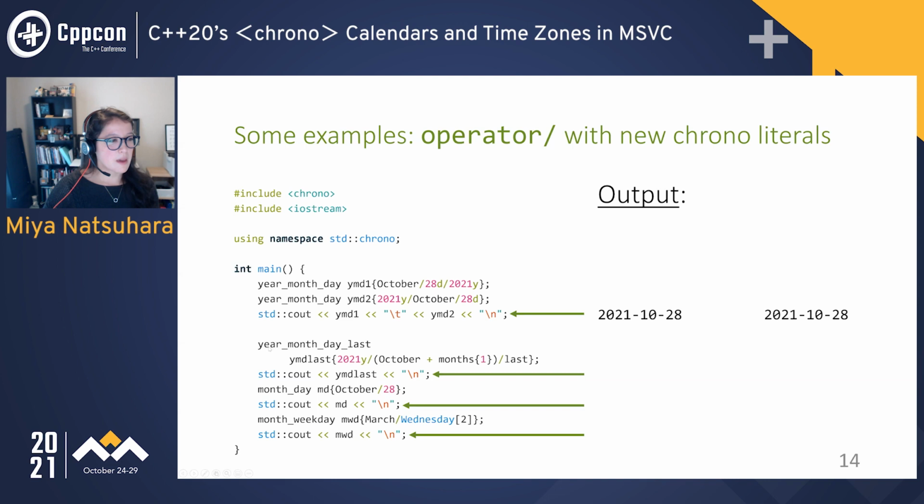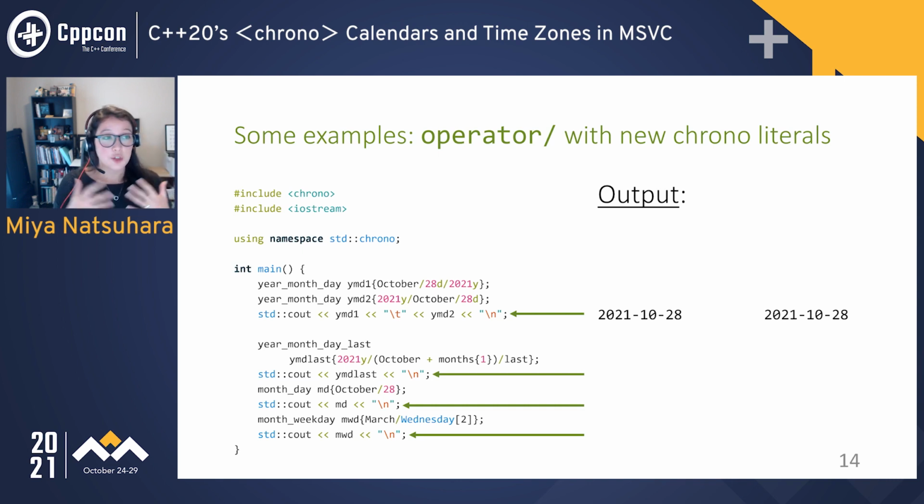So similarly, we can make a year_month_day_last, again using more of those operator slash overloads. Here, I'm adding 1 month to October just for kicks. But what I want to call out here is that I'm using this last. This is a constexpr variable that is in the chrono header, so it already exists for you. And this is just indicating that idea of a last thing, so the last day in this year, month, day.